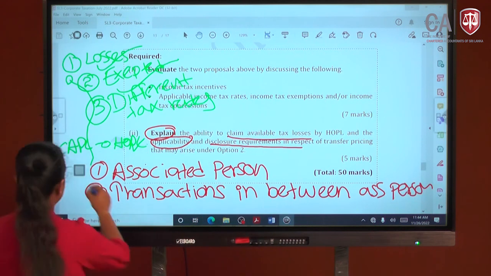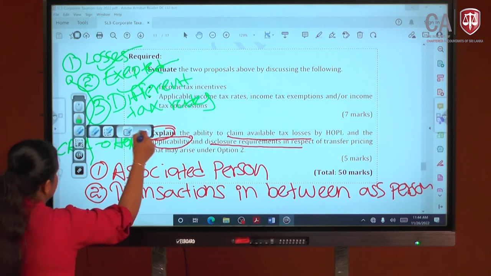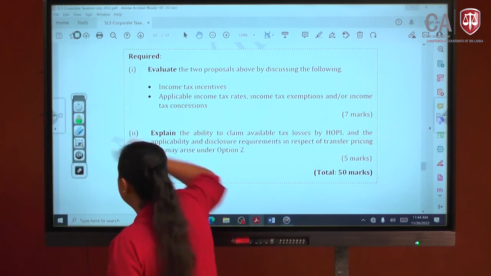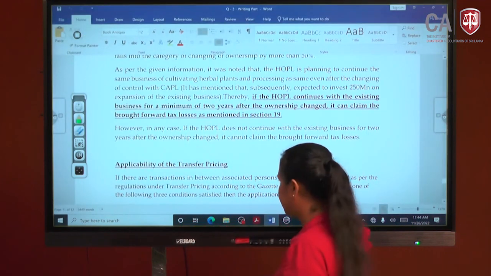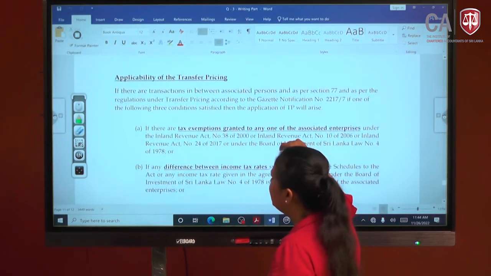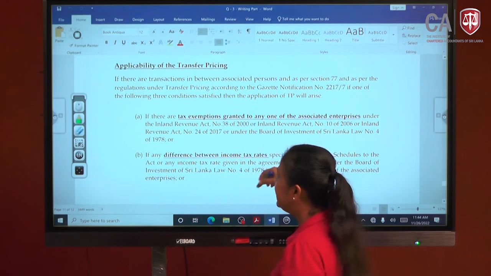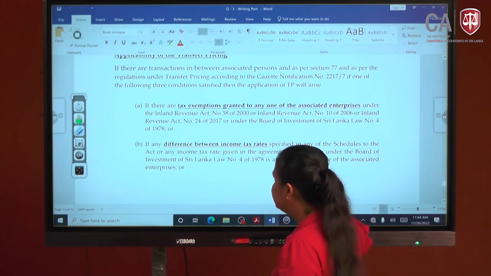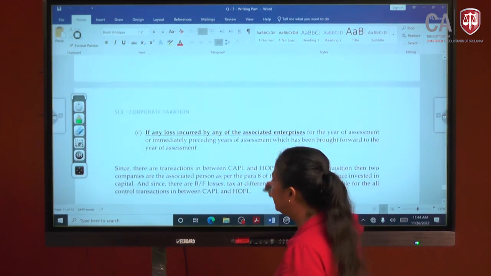Okay. Now let me come to the further explanation on it. Very hot topics, therefore even this time please go through these things. Then the applicability of transfer pricing, I have not come into this A, B and C because I have explained it: losses, exemption and different tax rates. But I need to come to here.